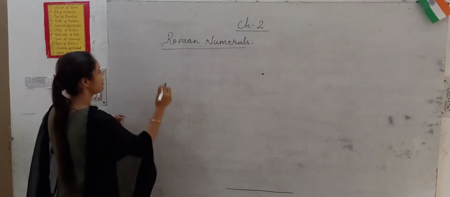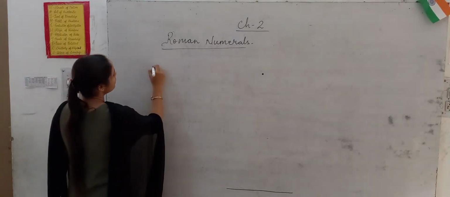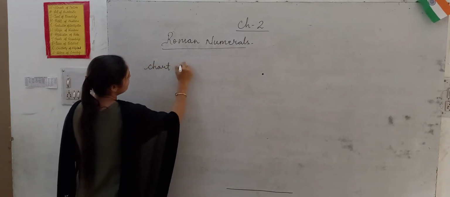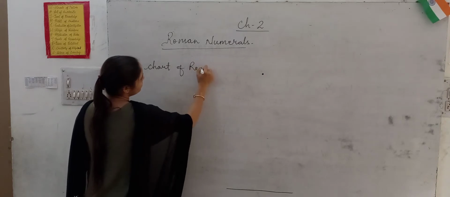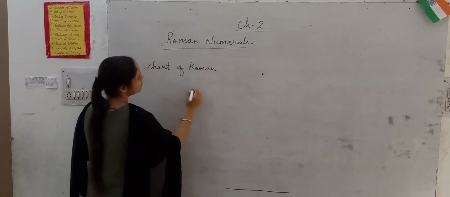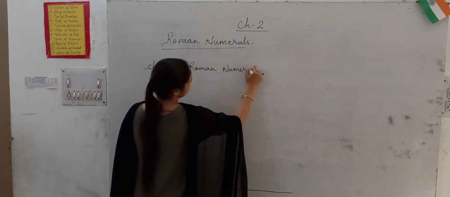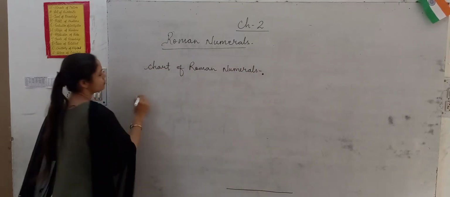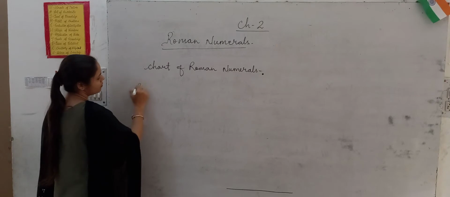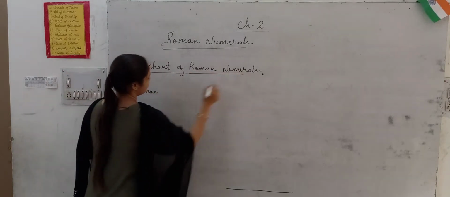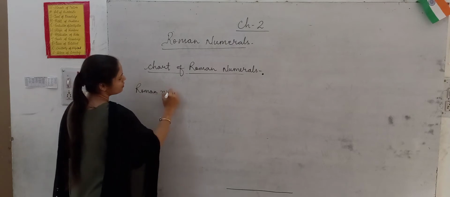Like there is a chart given below in your book. Roman numerals.